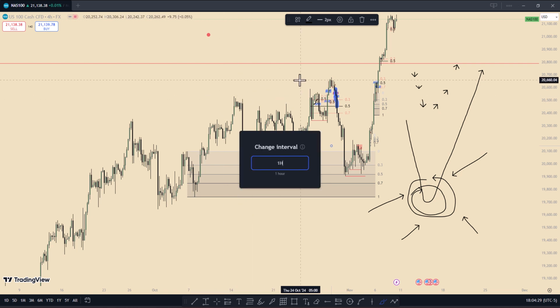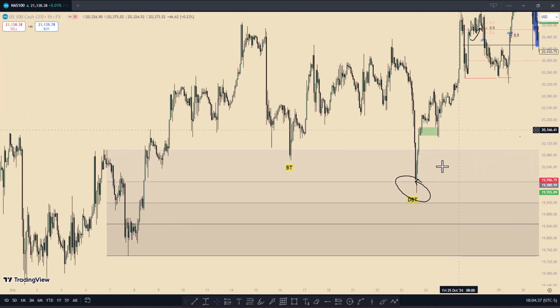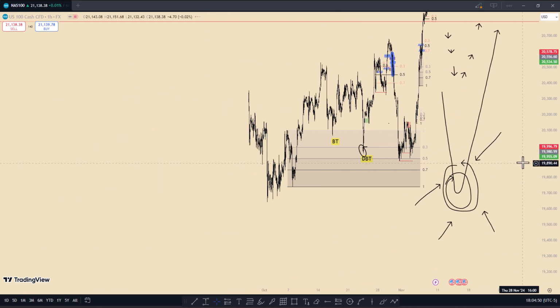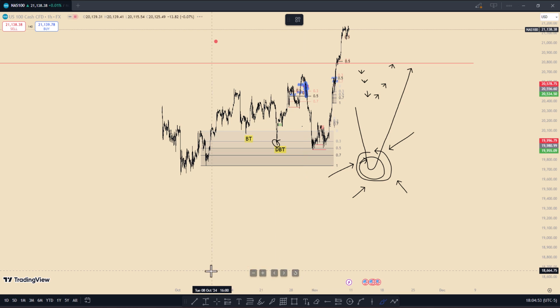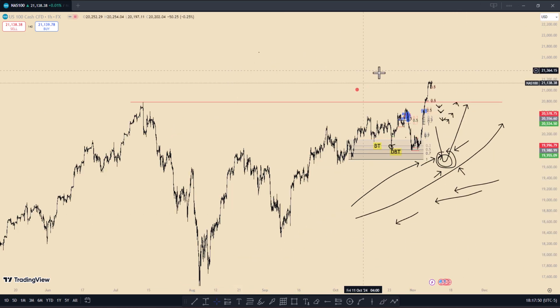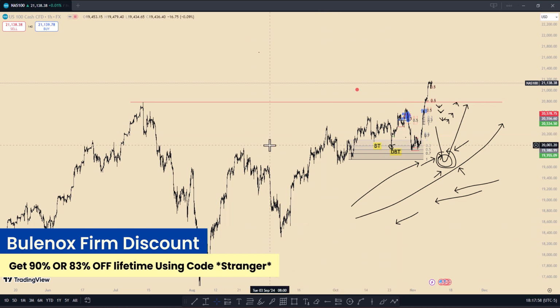Let's say, for example, you go to the 1 hour. First of all, you want to look at the bigger picture. Let's say that the case study we want to dissect and understand is pivot points with the higher time frame trend, okay? You can see that there are pivot points with the trend, with the higher time frame trend, and pivot points against the higher time frame trend, like for example this one right here.